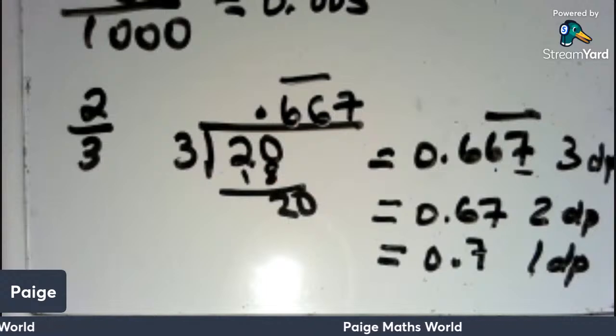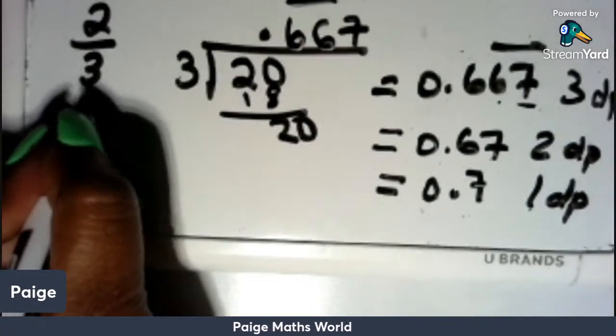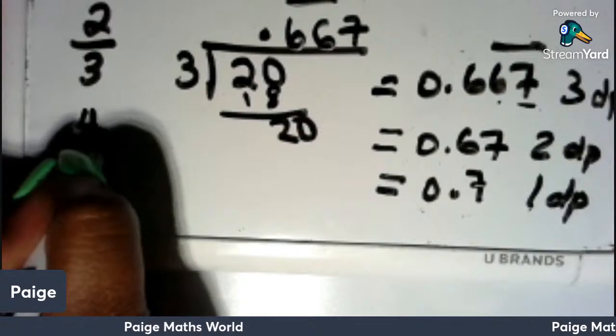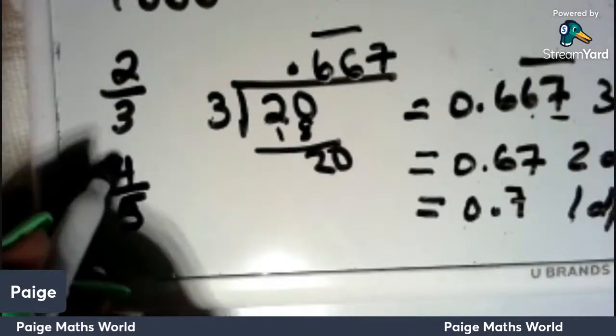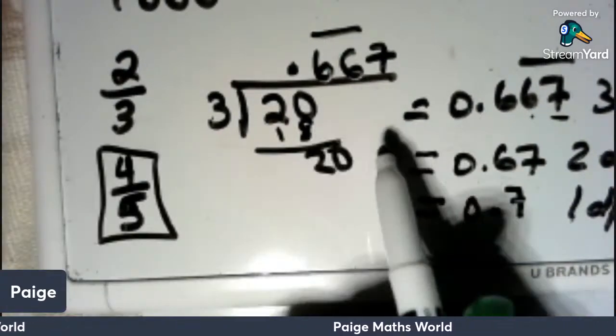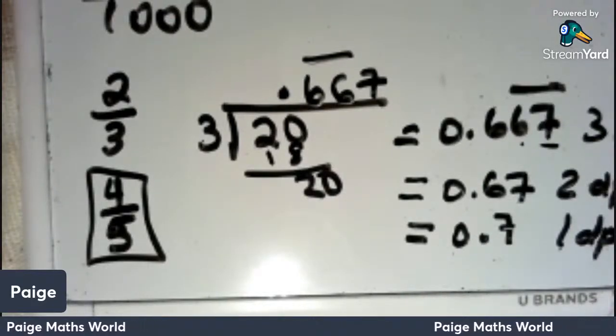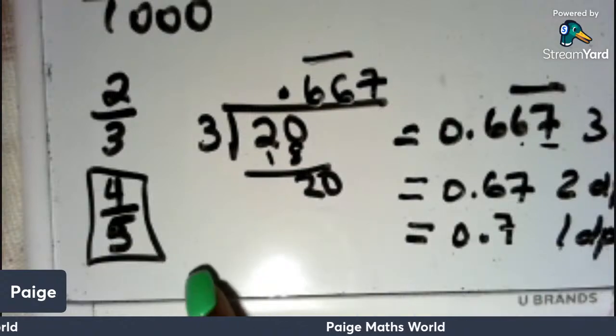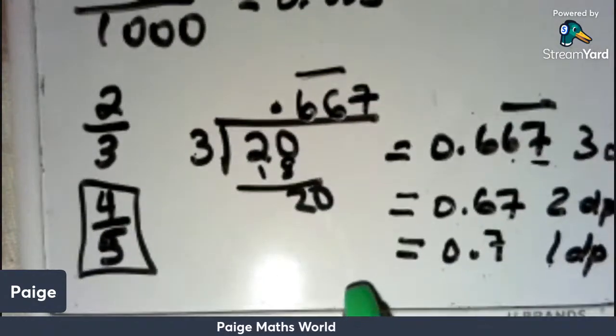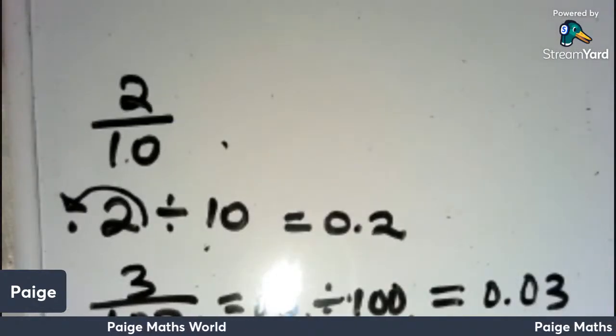All right, here it is. I want you guys to do 4 upon 5 as a decimal. I'm going to keep this one here for you guys to see. Oh, you want me to do one more? Sure. All right, I'm going to keep that 4 upon 5 for you guys. Raymond, you can try that one. We're going to do one more.